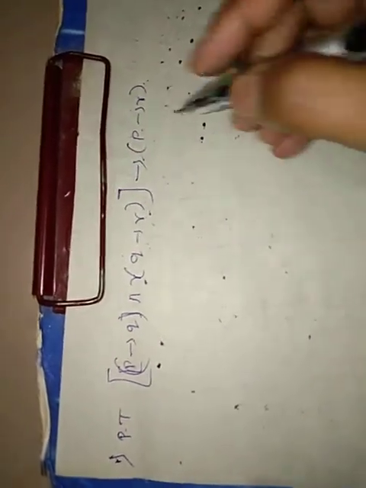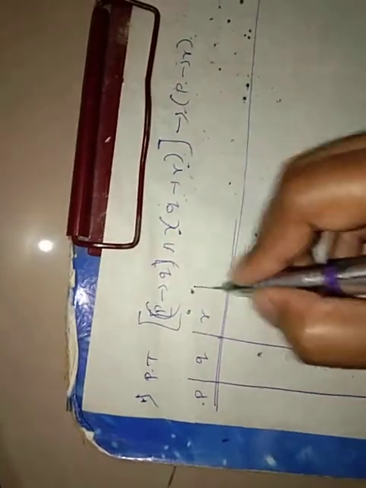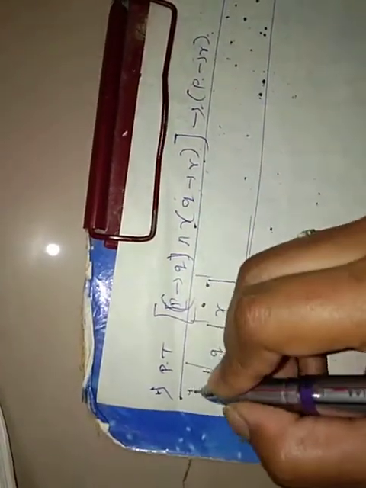So first we have to construct the possibilities of P, Q, R. Possible truth values of P, Q, R. I am giving a name to every column: first column, second column and third column.